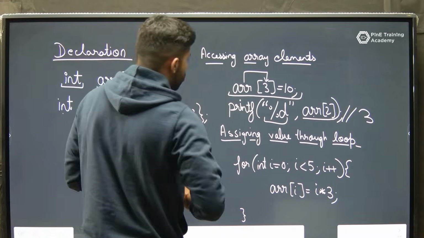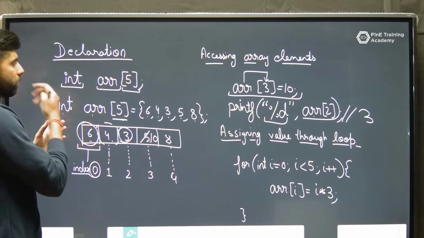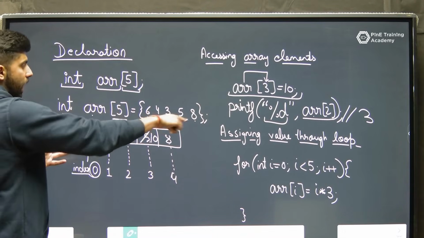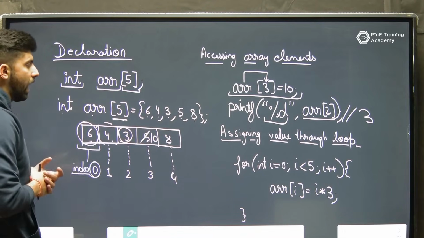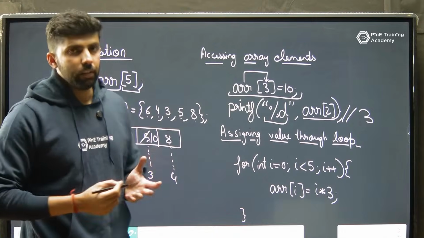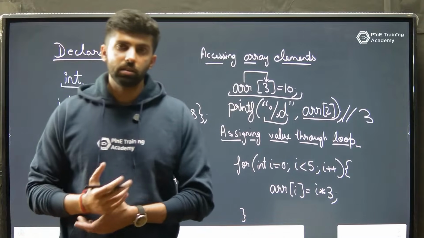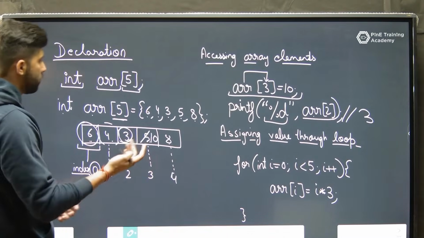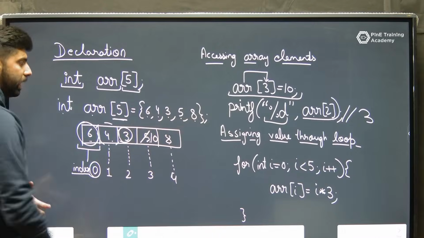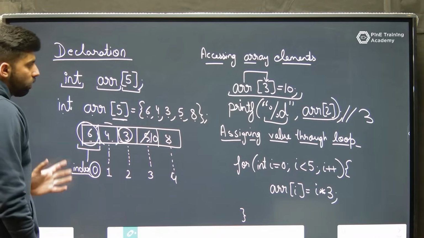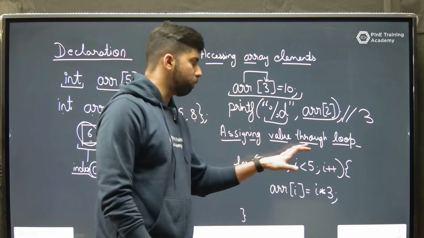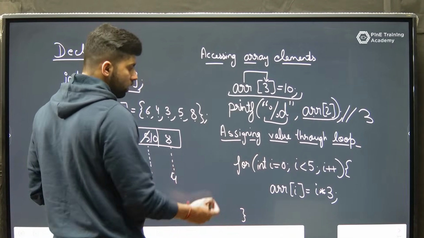Here we saw that we assigned the values while declaring the array, but usually when you solve array questions, the size of the array is very large, so it is not possible to give values like this every time. For that, we can use a loop to assign the values.